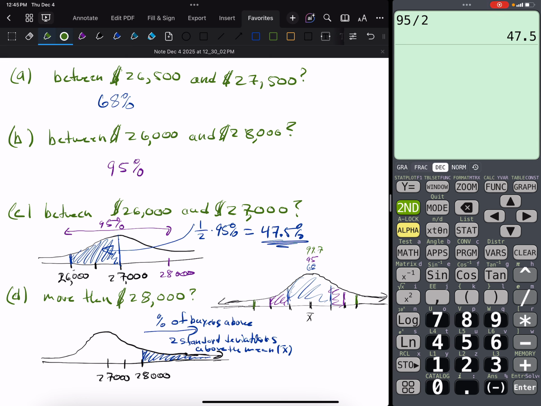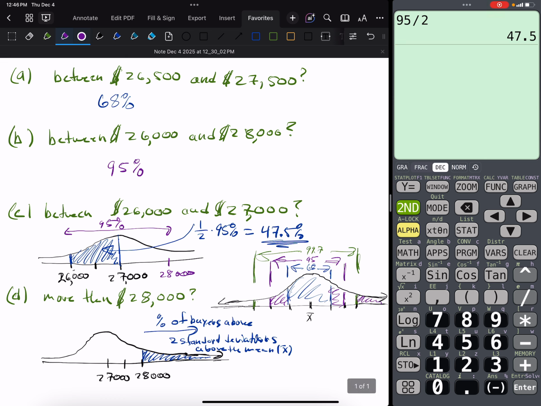But I'm not being asked about 3, I'm being asked about 2, right? So I'm not going to fill that in, because I think that'll get a little bit more confusing. So there's my 99.7, goes all the way out to those 2. My 95, it only goes out to those 2. It's everything in the center out to those 2. And then my 68, it runs out to those 2. And so if I wanted to figure out what everything above one of these is, what would I do?